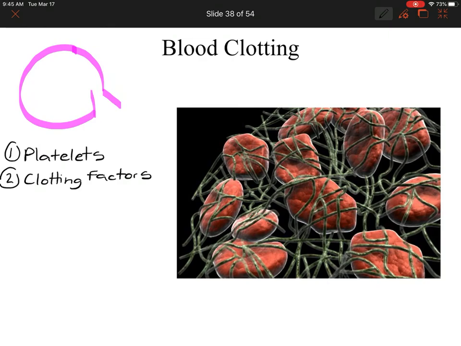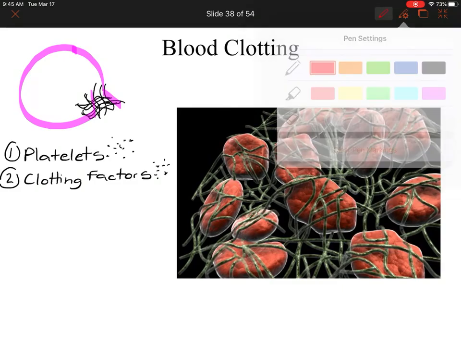So when platelets and clotting factors come together, they're going to form fibers. So platelets are individually in the blood. Clotting factors are individually in the blood. They come together to form fibers.